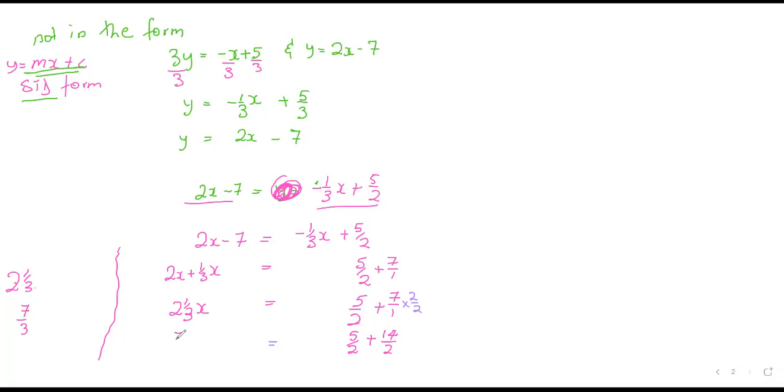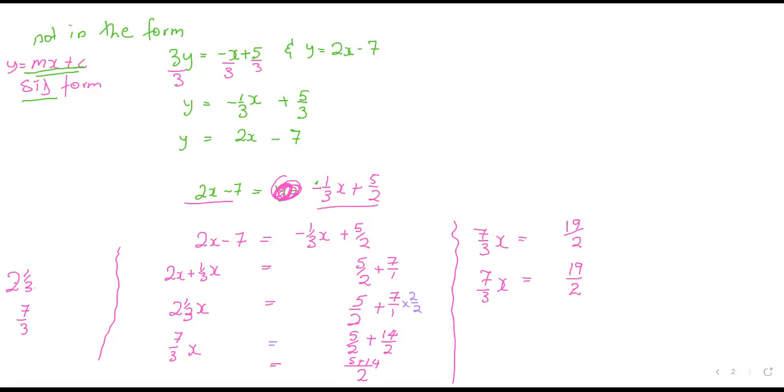So we have here 7 over 3x is equal to, LCM is 2, 5 plus 14, which is 19. You can say 7 over 3x is equal to 19 over 2. 7 over 3x. We want the value of x, not 7 over 3x.